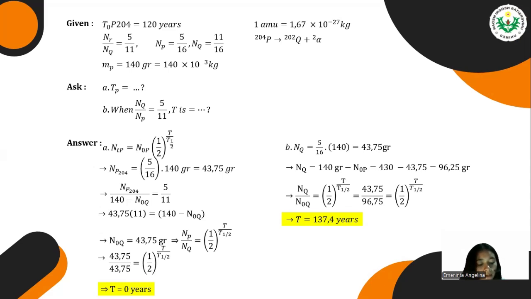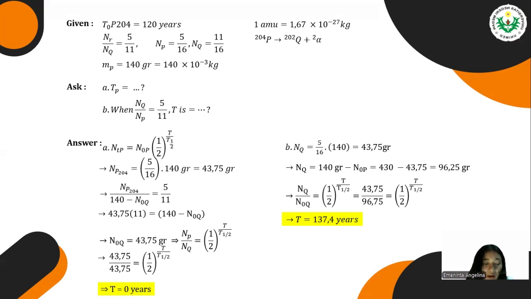And the question asks about A, what is the T, and B, when NQ over NP is equal to 5 over 11. To answer the question, NTP is equal to the initial P times 1 over 2 to the power of T over T half.